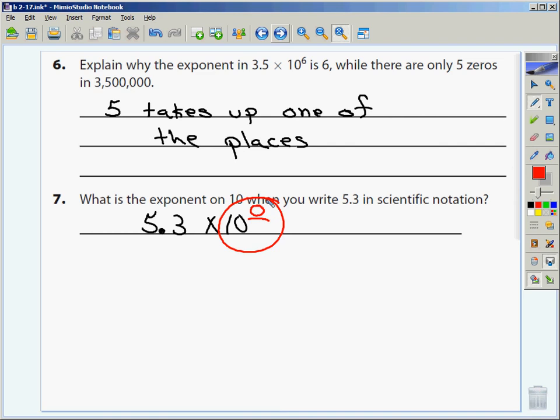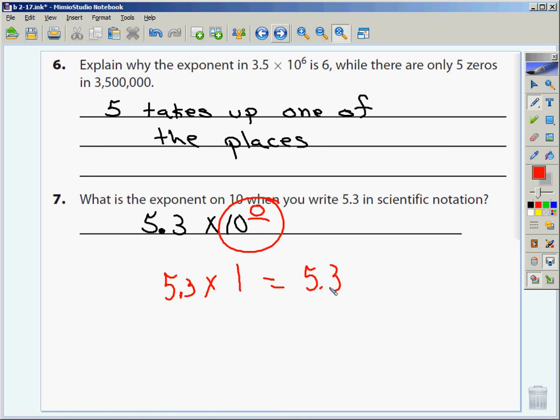Does 5.3 fit either one of those categories? No, not really. So we typically wouldn't write it that way. But it is important to recognize that we could. And if I write 10 to the 0 power, this is the same as 1. And I can see that 5.3 times 1 is still 5.3.